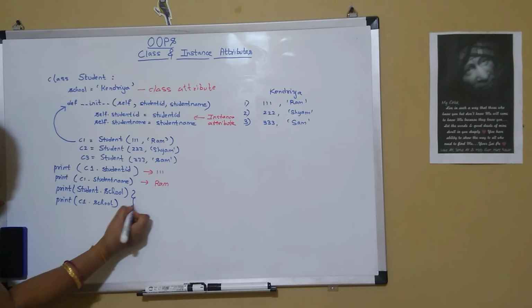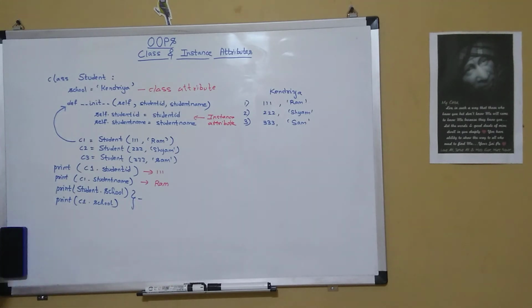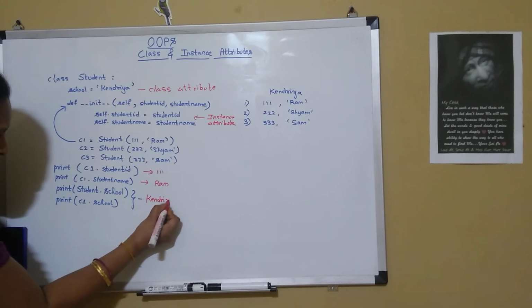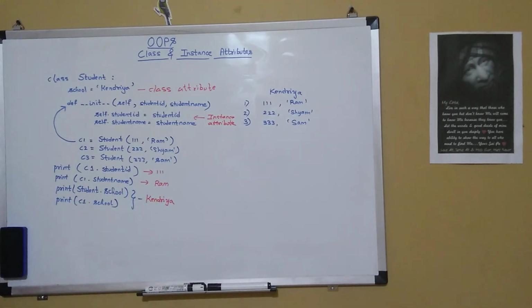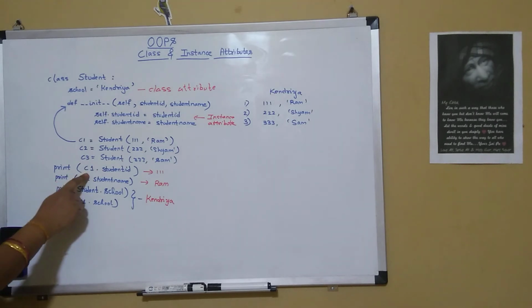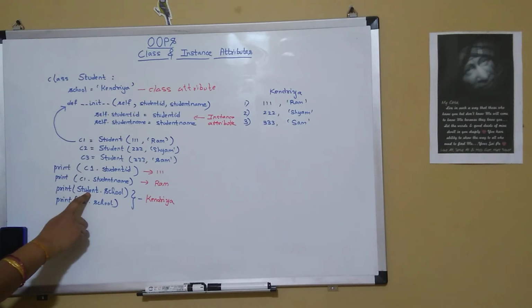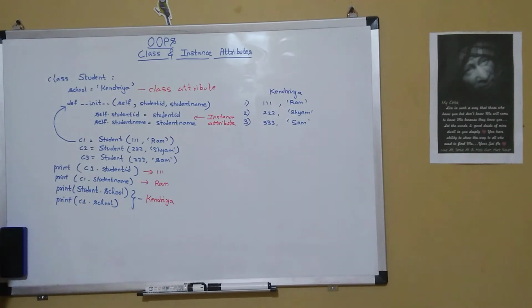In both these scenarios, the value which gets printed is Kendriya. So instance attributes can be accessed only with the object name, whereas class attributes can be accessed with the class name and the object name.